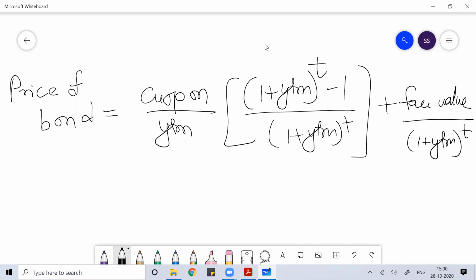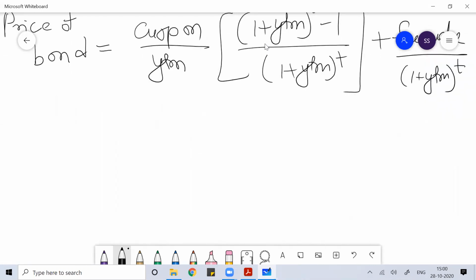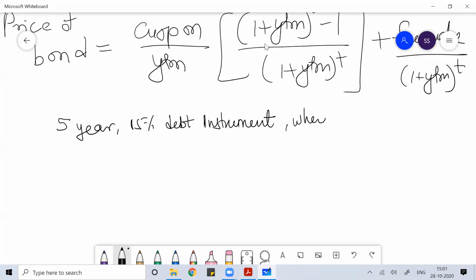Suppose I mention a 5 year 15% debt instrument, where the coupon is paid semi-annually.